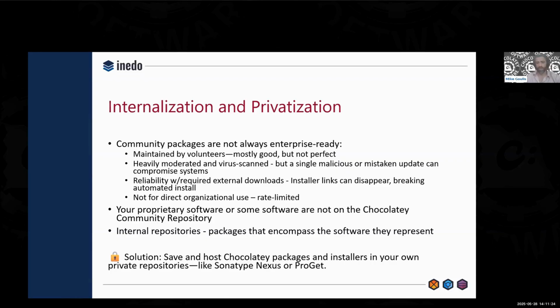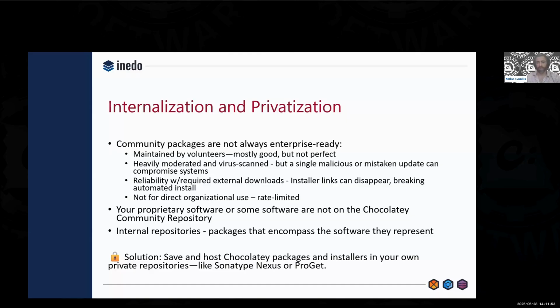So a solution to that is to do the following. It's to internalize the packages, which is to say, save the Chocolatey package and the installer to a location that your organization controls, and then to privatize. And privatizing, in essence, is using a private repository like Sonatype Nexus or ProGet, our tool, to serve those packages reliably and securely across your environment.